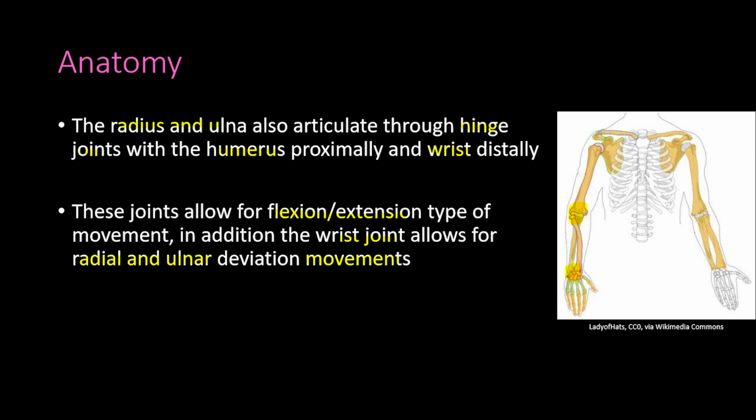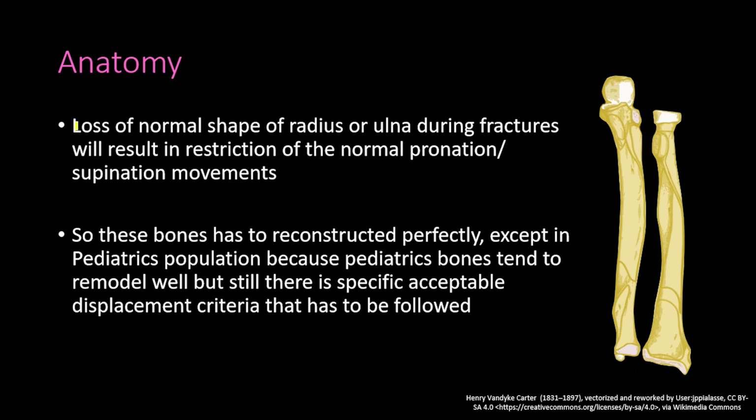Now, it is important to know that loss of the normal shape of the radius or ulna during fractures will result in restriction of the normal pronation, supination movements. And that means that these bones have to be reconstructed perfectly, except in the pediatric population, because pediatric bones tend to remodel well, but still there is a specific acceptable displacement criteria that has to be followed.